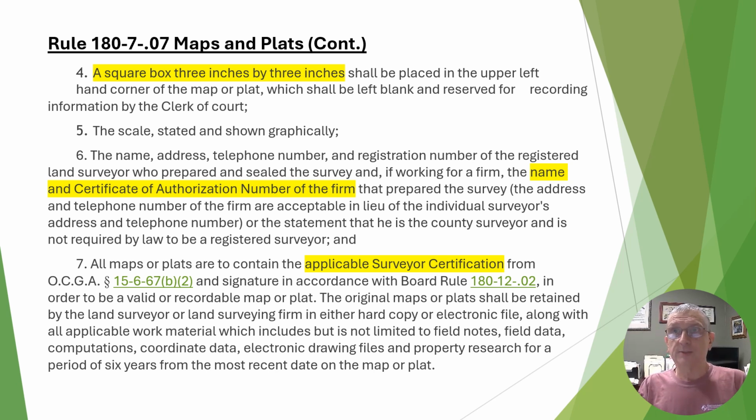And his attorney simply said, my client burns his field notes after every survey is issued. He has none. And you have no records retention requirement in Georgia. So now we do. So as long as the surveyor is on the hook for a survey, that surveyor or their firm has to maintain all the data that goes into preparing the plat.